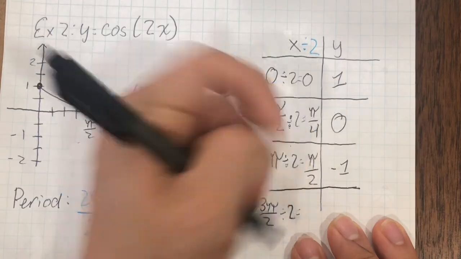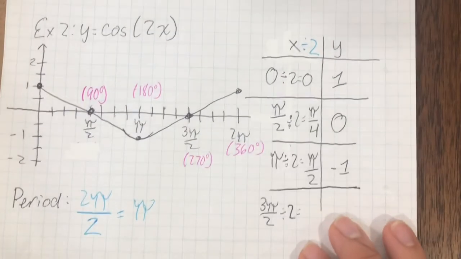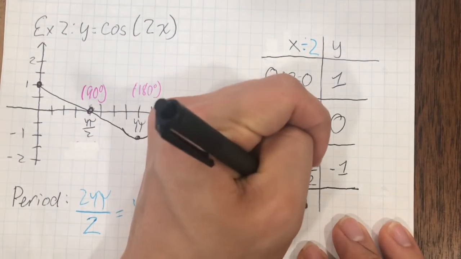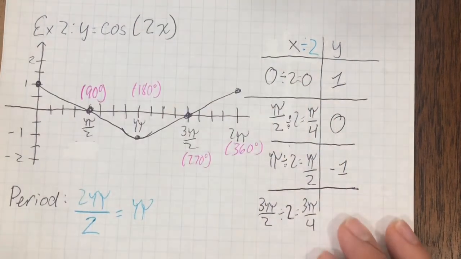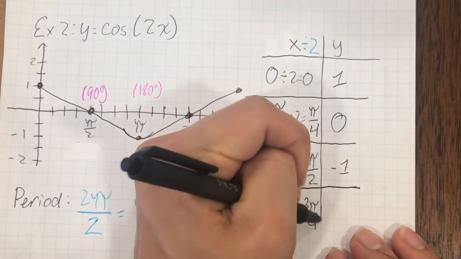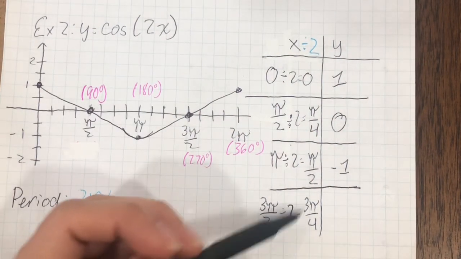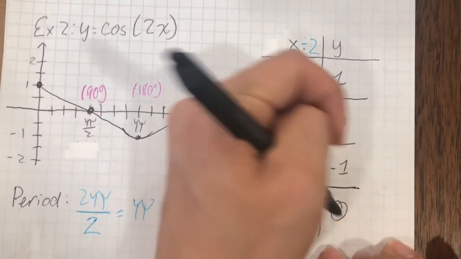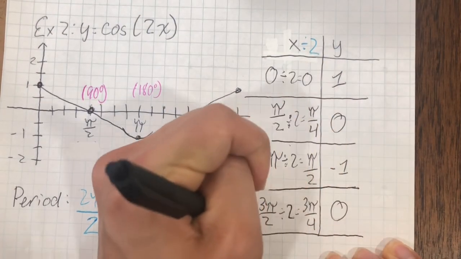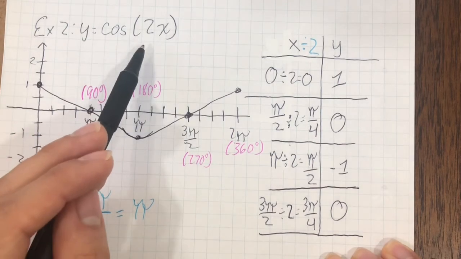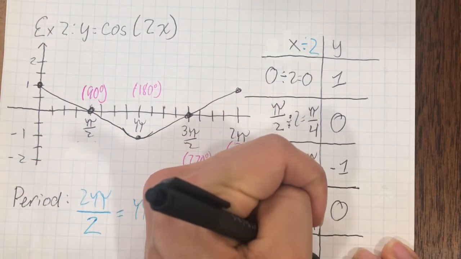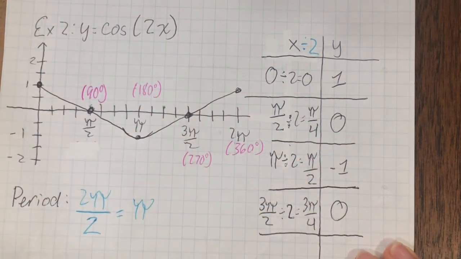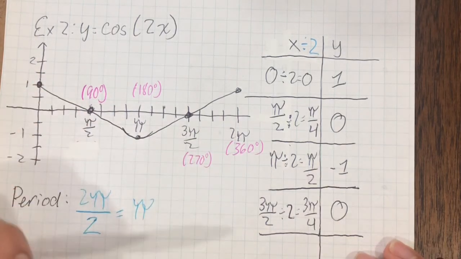I do the keep, change, flip technique. And that becomes 3 pi over 4. All right? And if we were to turn this into degrees, that would become 135, which has a reference angle of 45 degrees. So we can say that for cosine of 2x, we're going up by 45 degrees. And then we're left with 2 pi.